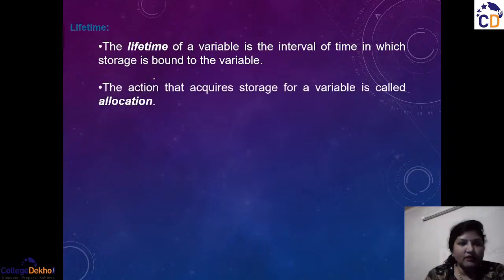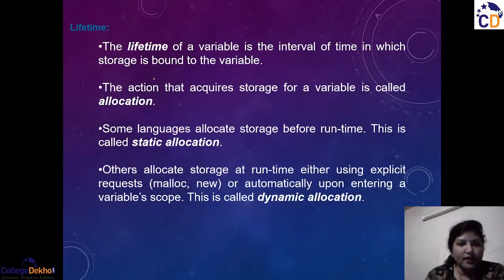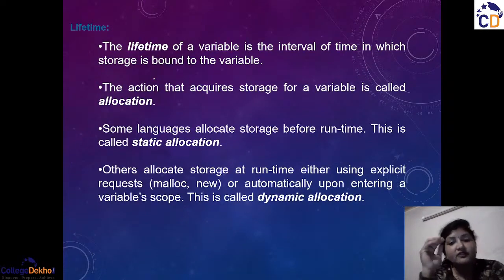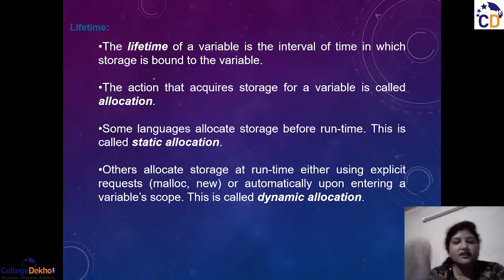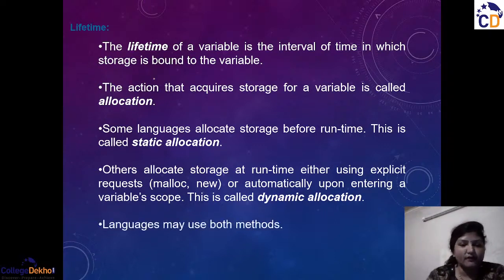So when we are talking about the storage part, it also defines the variable scope, where the variable is defined. It is defined outside the function, or it is defined inside the function. If it is defined inside the function, that means its scope is local. If it is defined outside any function, it is global.